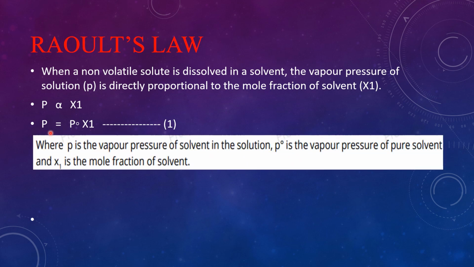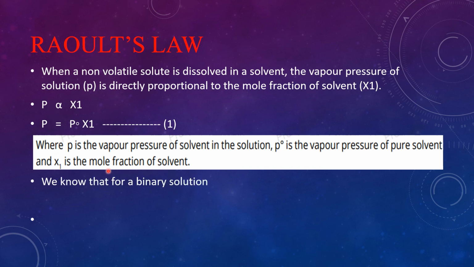Here P is the vapor pressure of the solution, P naught is the vapor pressure of pure solvent, and X1 is the mole fraction of the solvent.